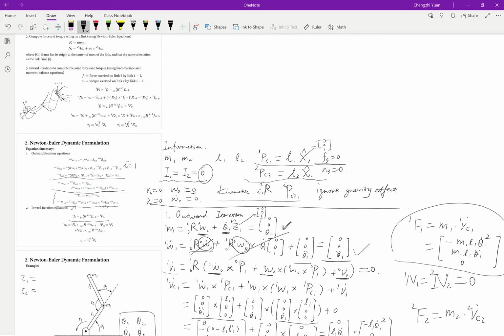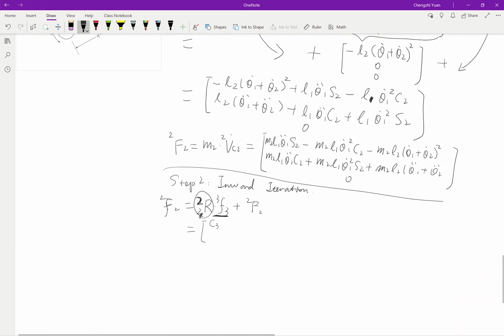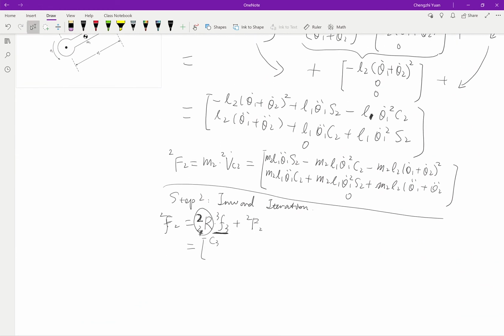This is the information we have from the problem: the tip point is not subject to any external force. So this term goes to 0, and the final result for f22 is simply equal to capital F22, exactly this one.